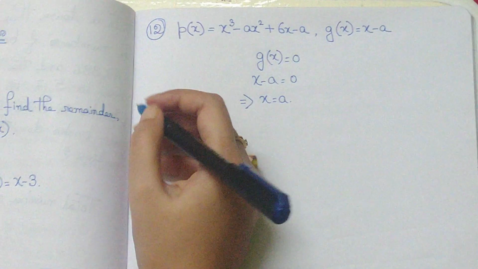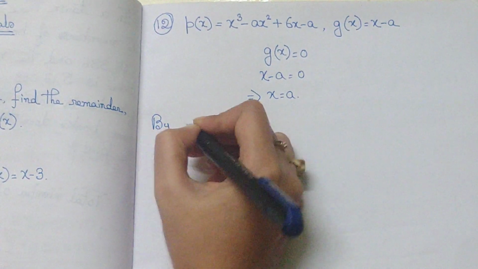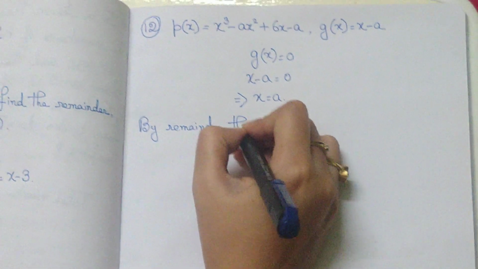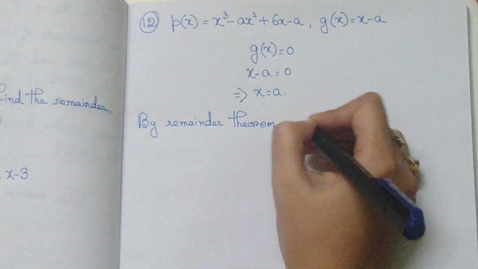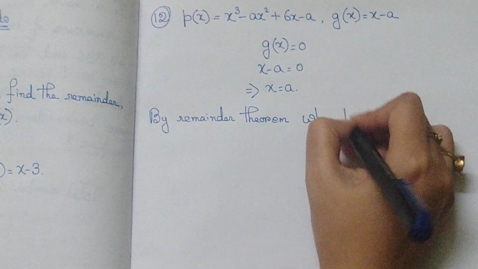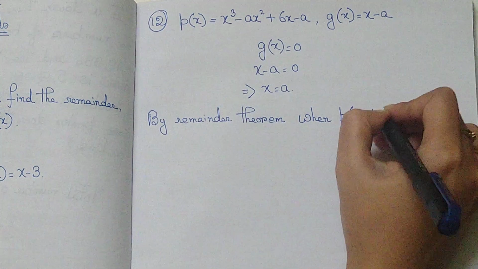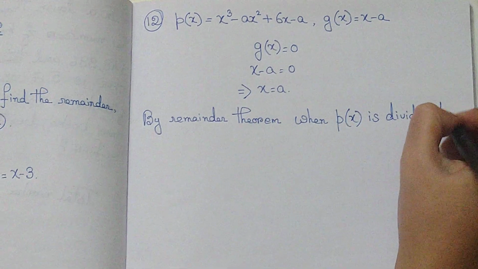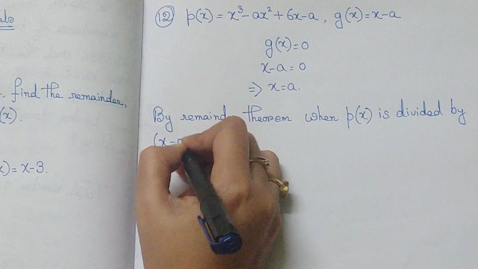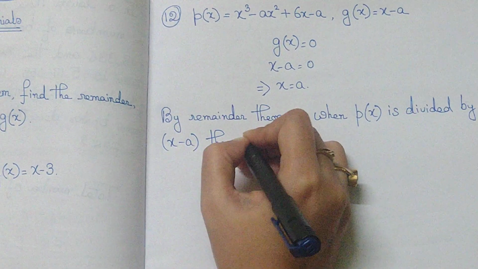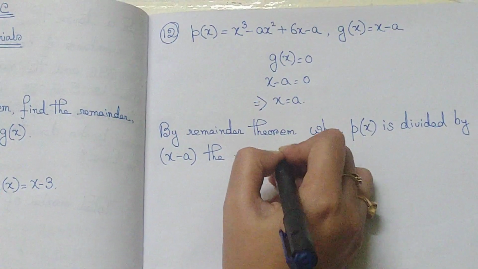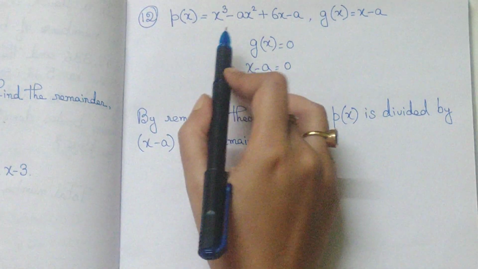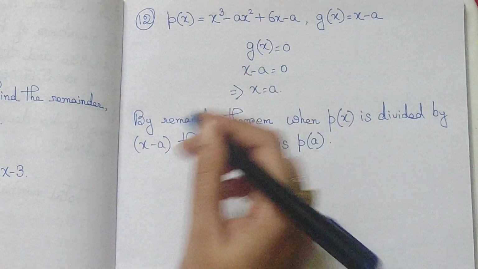Again we can write the statement by the remainder theorem. When p(x) is divided by x minus a, the remainder is p(a). That means here x will be substituted by a.